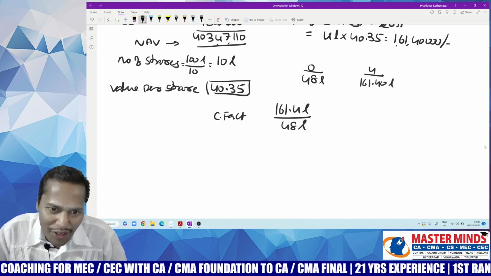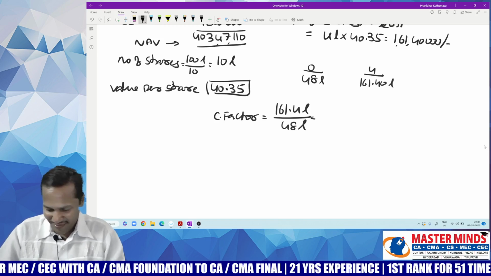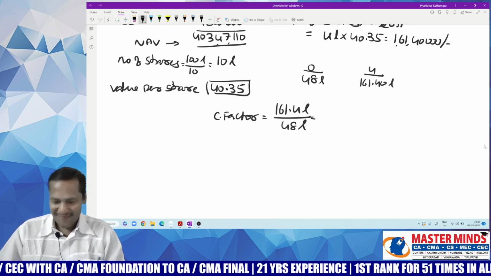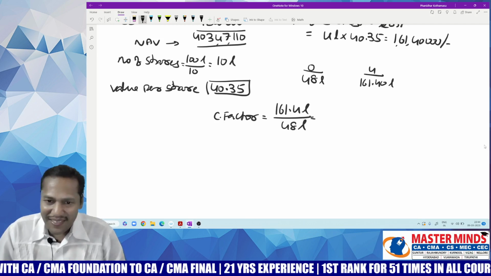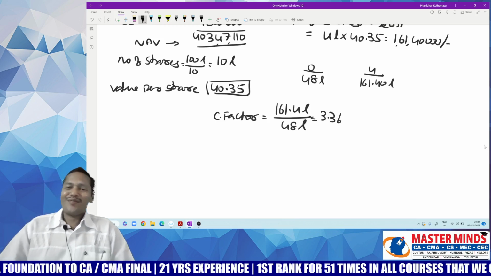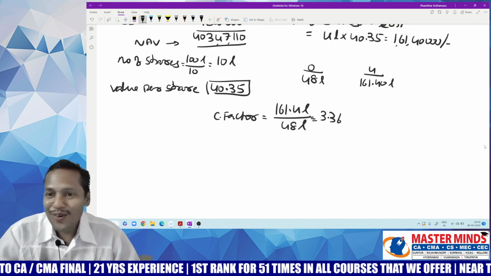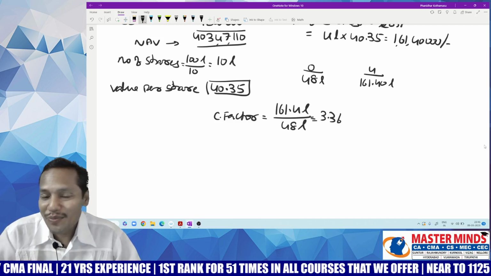It comes to 3.36 times. It means 1 rupee invested 4 years ago, now it has become 3.36 rupees.